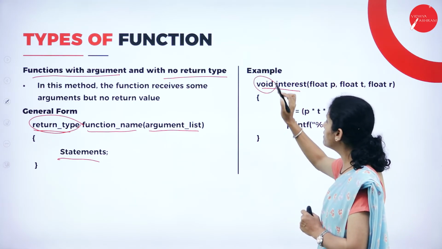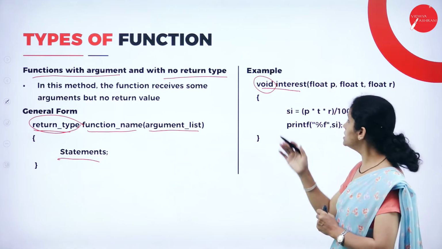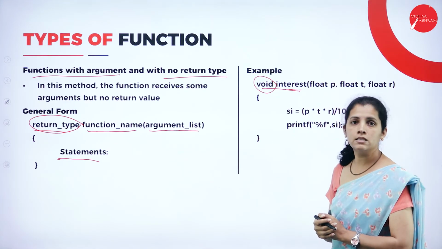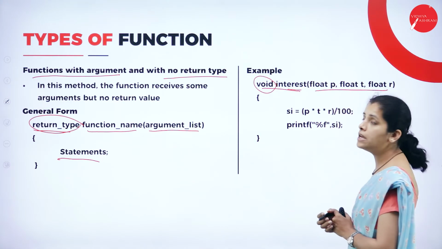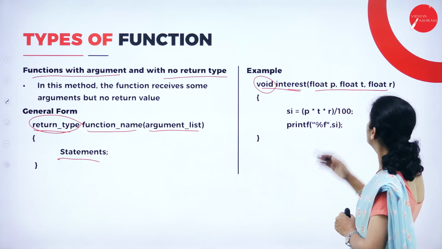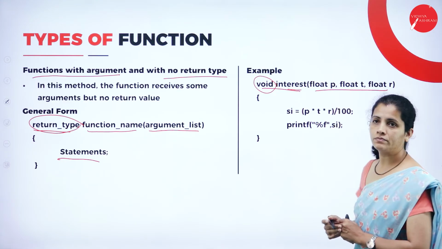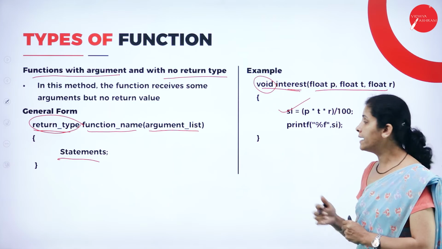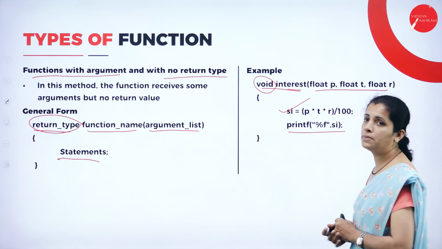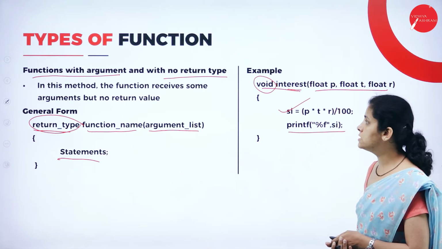I don't have any return type. So, it is void. Interest is nothing but my function name, and I'm going to have the formal arguments PTR.